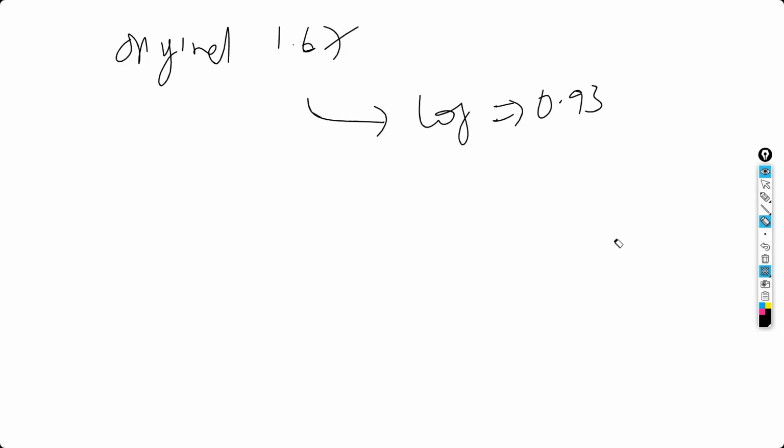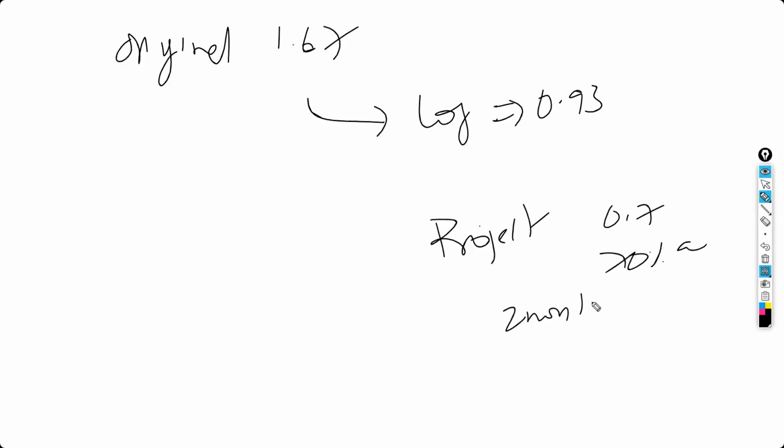For example, in your company, they have given you a target to achieve 70% accuracy. For example, they have given a project for you, with a target of 0.7, that is 70% accuracy, and the project time given for you is 2 months. 70% is the target and 2 months is the time.